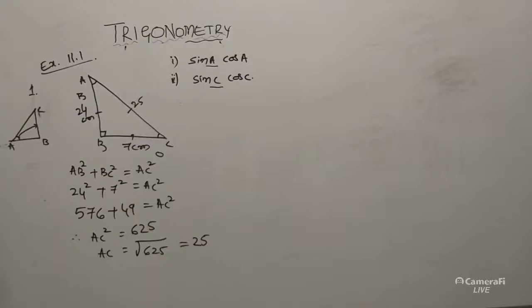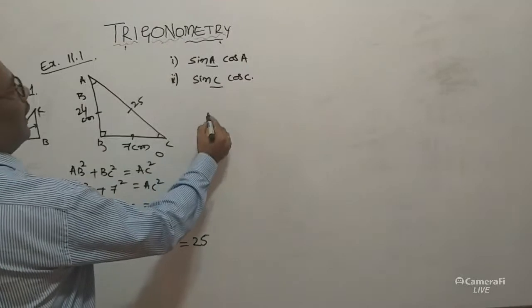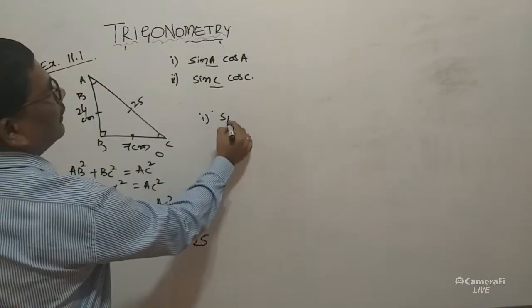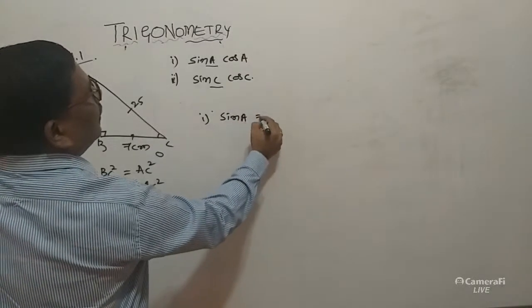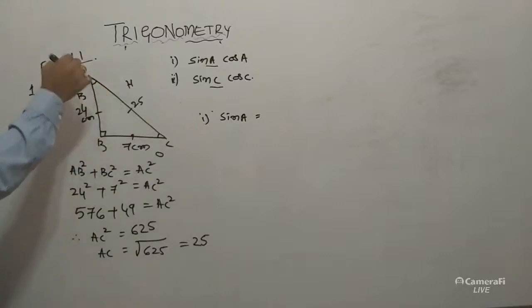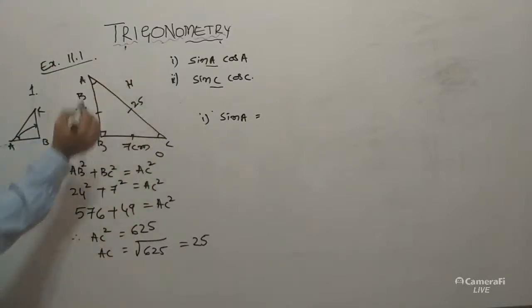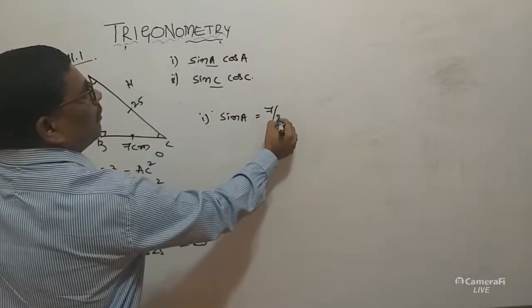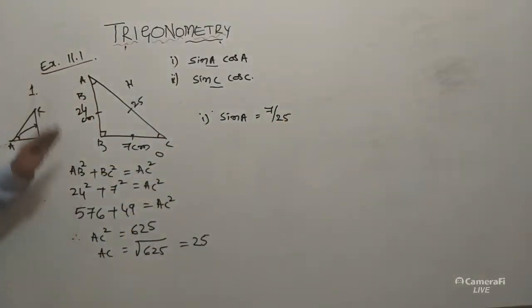So therefore sin theta, sin angle A, I am solving the first one here. Sin angle A is opposite by hypotenuse, which is 7 by 25, because this is the base angle now.